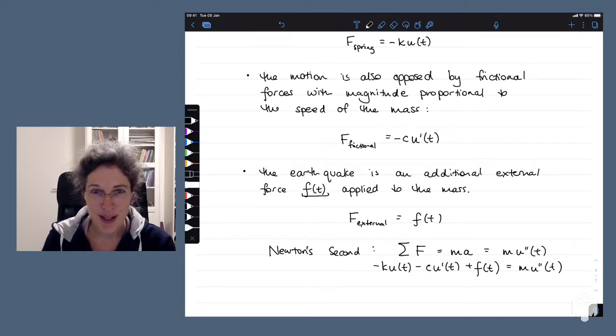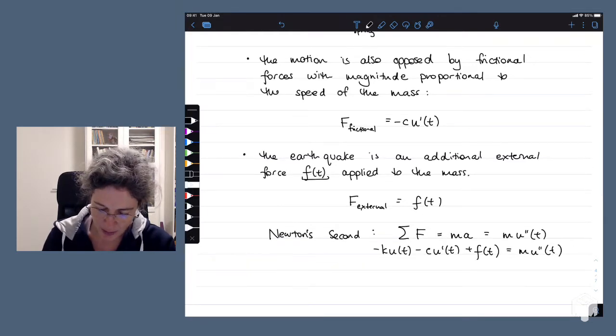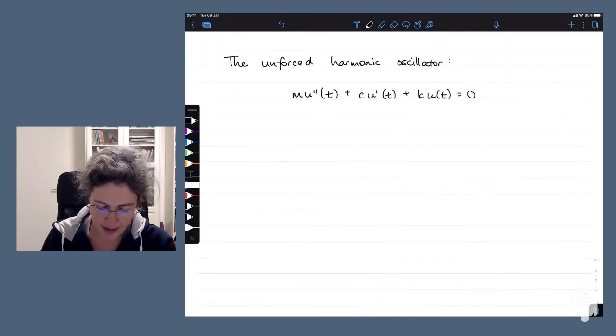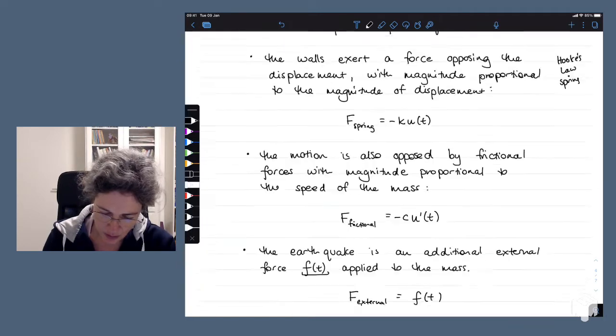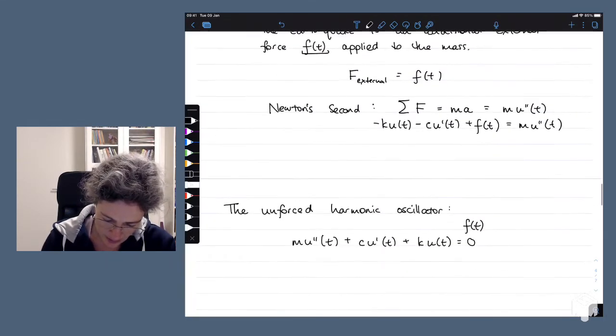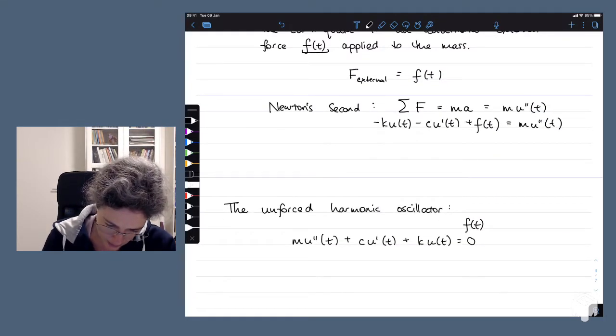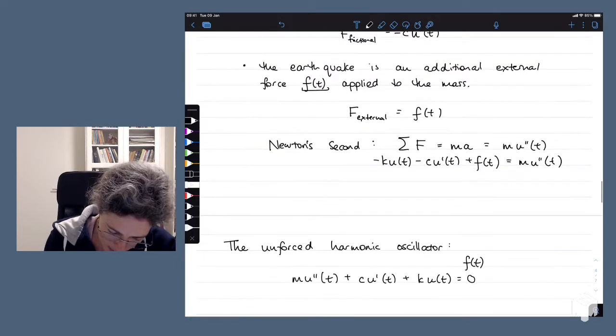And suddenly you can see where our second order linear constant coefficient differential equation comes from. With a slight bit of reorganizing, we get almost this. So we had an f of t here. So if I just rewrite this bit over here, we would have m u double dashed of t.